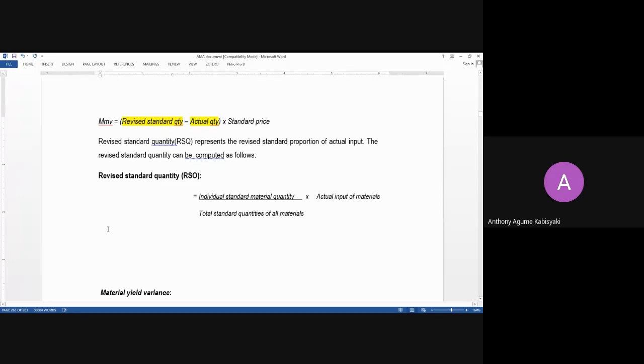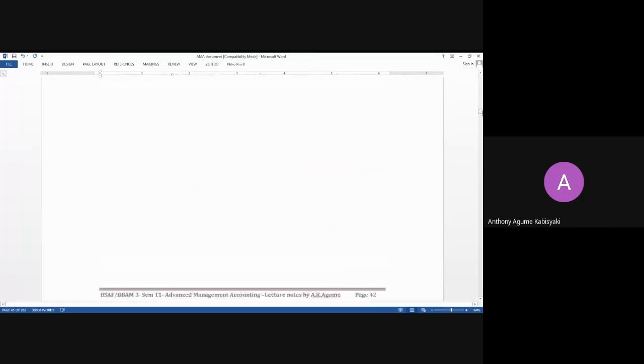So if I look for the revised for X and Y, the RSQ for X. What is the individual standard for X?